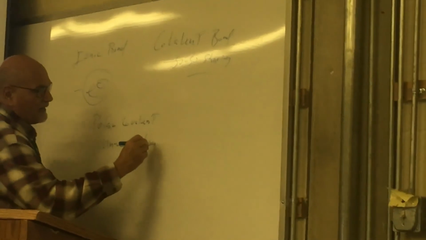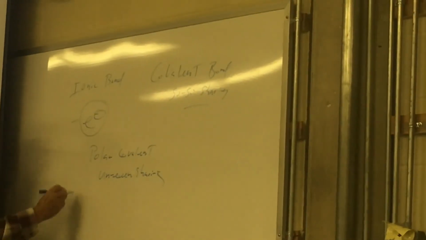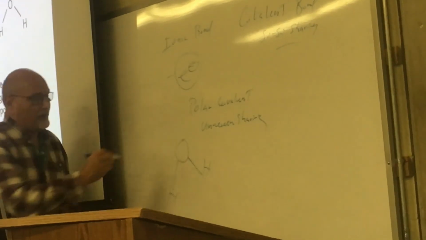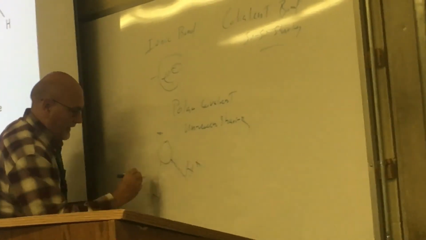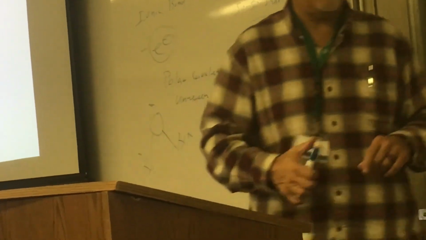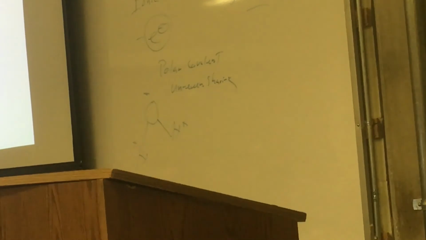So what does that mean? Well, when you take water, for instance, when the electrons rotate around, this will become more negative. These stay more positive. So it carries a little bit of a charge, like a 60-40 relationship, or 70-30.